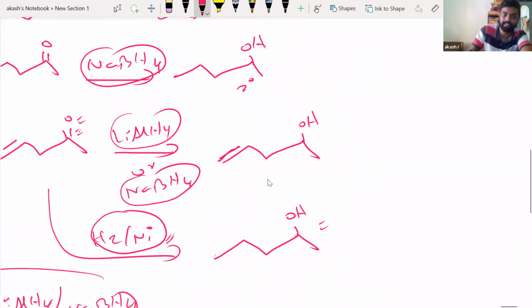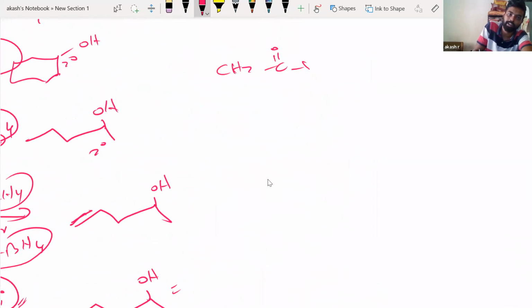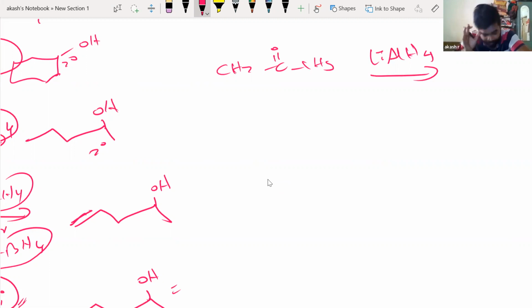Let me take a normal example, C=O with one CH3. Now say I go for LiAlH4 or NaBH4. Both of them will have the same mechanism. From the name itself, you can understand: this is a hydride, lithium aluminum hydride. From this, what comes is H minus.